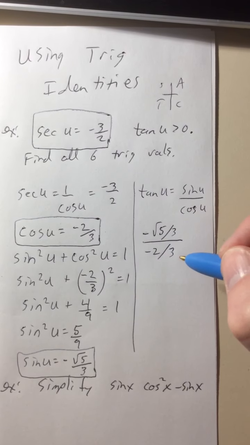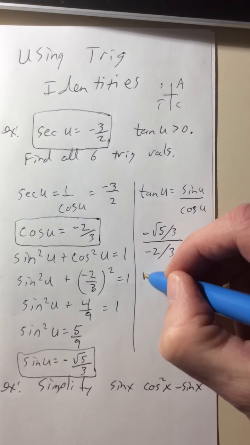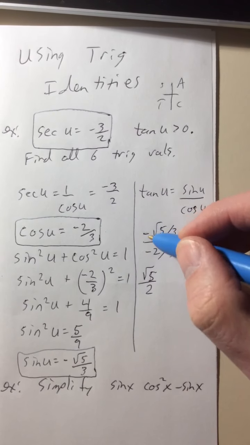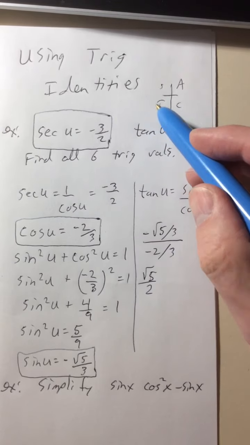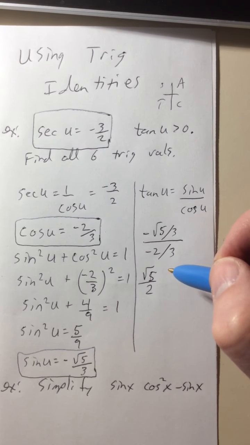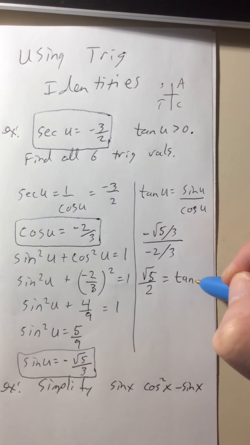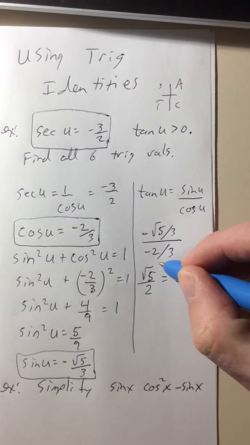When we flip and multiply, we get √5 over 2. And that's positive because we divide a negative by a negative, and that is what it should be. It should be positive because tangent is positive over there. So there's our tan u. So that's that one.